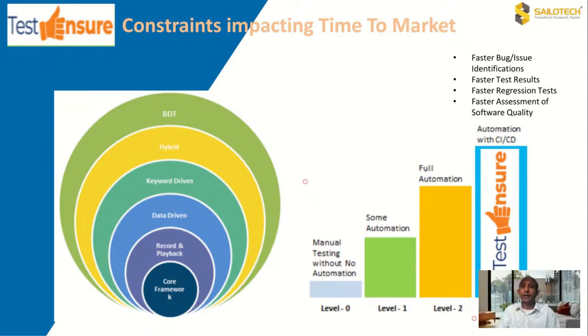Only the change that has been added, maybe a field got added, maybe a drop down, maybe a combo, or maybe the workflow involved, right? All those pieces can be added and then very quickly re-executed to see whether it is working, whether it is backward or forward compatible or not.